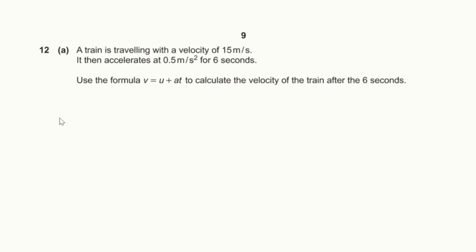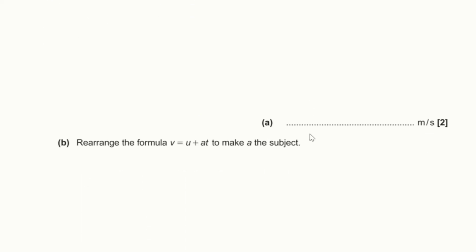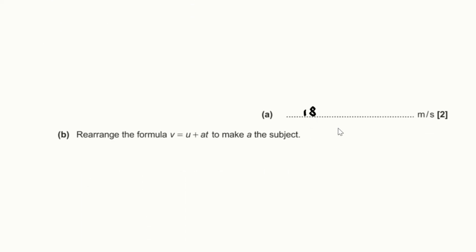So, we've got v equals u, and u over here is 15. We add on a, which is 0.5, multiplied by the time, 6, and it turns out here we get 18. And so we end up with 18 meters per second.